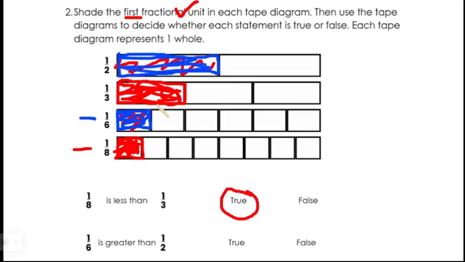Well, just by looking at it, I can see that this is so much smaller, so I know that's not true. So that is false. So I'm going to circle false, okay? So use the fractional units that you have here to compare them. Just ask yourself, is this piece bigger than that piece? Or if it's asking for greater than. Or 1/8 here, it was saying less than. Is this piece smaller than that piece? Well, yes, it is. So I knew that was true.